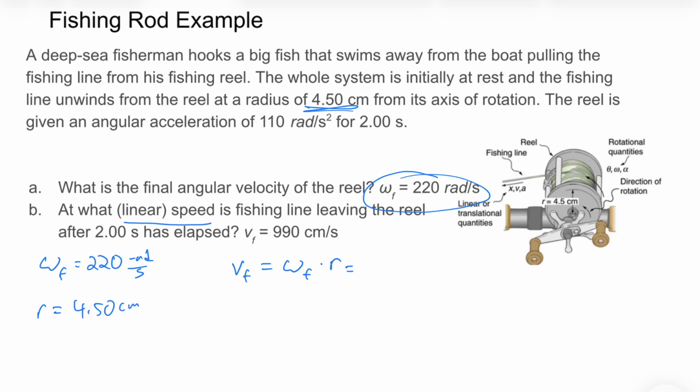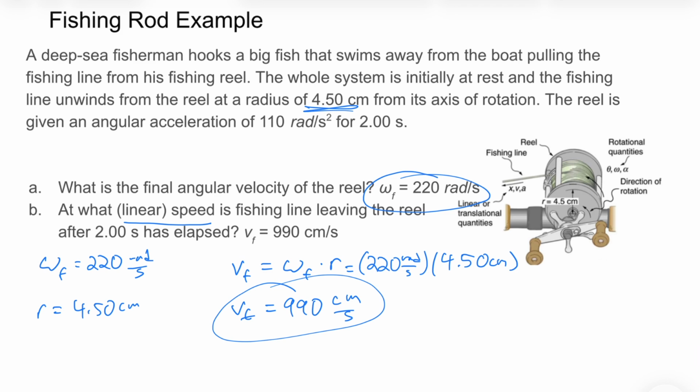So if we multiply our final angular velocity, 220 radians per second, times the radius of the spool, we end up with 990 centimeters per second as our final velocity of that line. So that is how quickly that line is coming out, and how quickly the hook on the end of that line will be moving by the end of that 2 second interval.